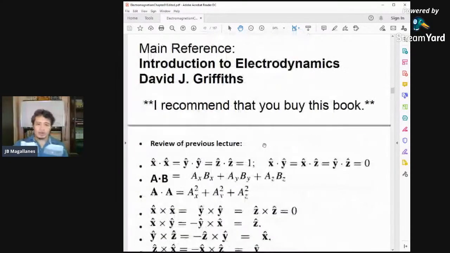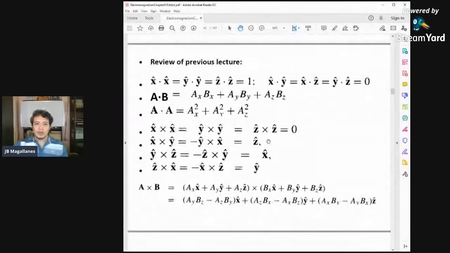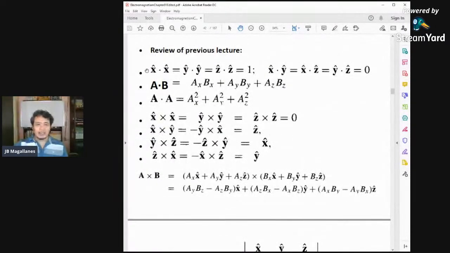So from the previous lecture, we said that the dot product of two vectors, please remember that these are vectors. You can only dot two vectors, not a scalar. You can multiply a scalar to a vector, but you cannot dot a scalar to a vector. You can only dot a vector to a vector.